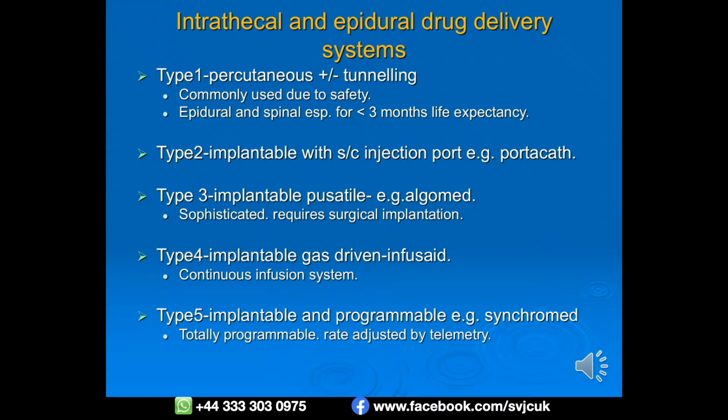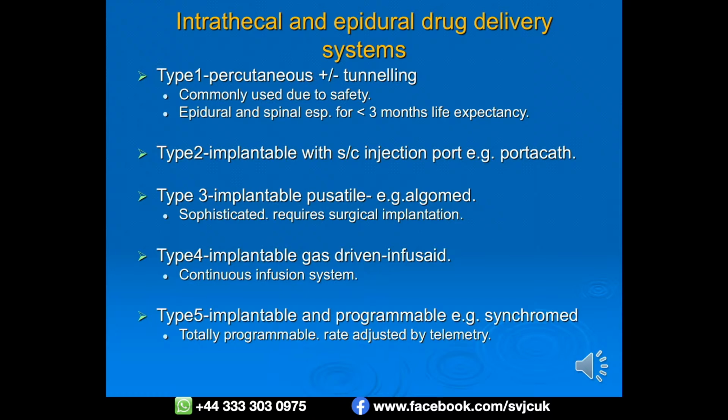Type 1 is percutaneous with tunneling, as we normally use for some of the longer surgeries, for example, and that's used fairly commonly because of the safety, and you can use either epidural or spinal catheters, especially for patients who have less than 3 months of life expectancy.